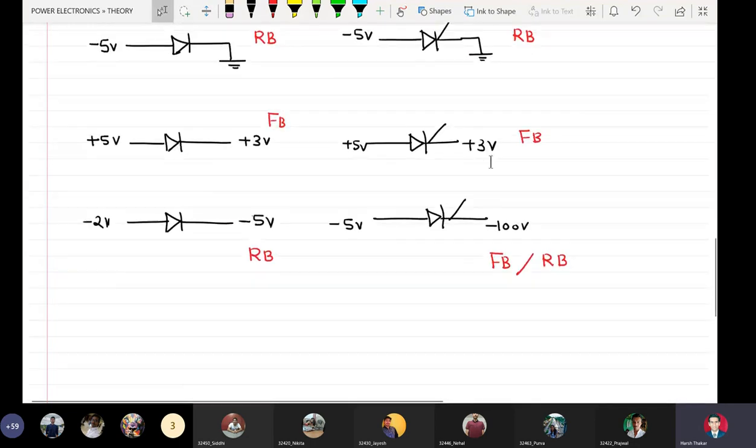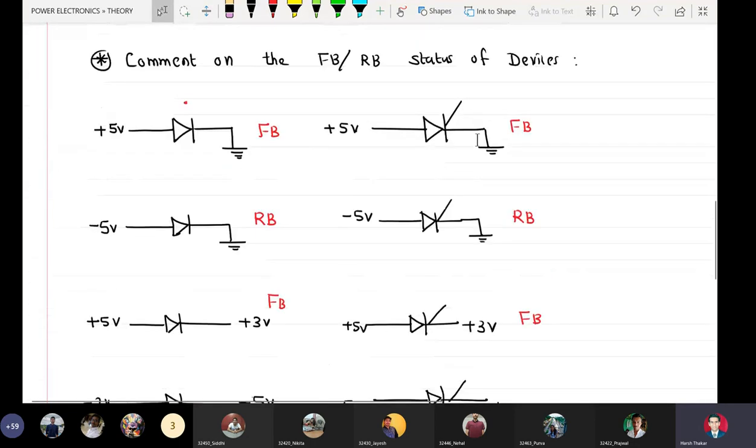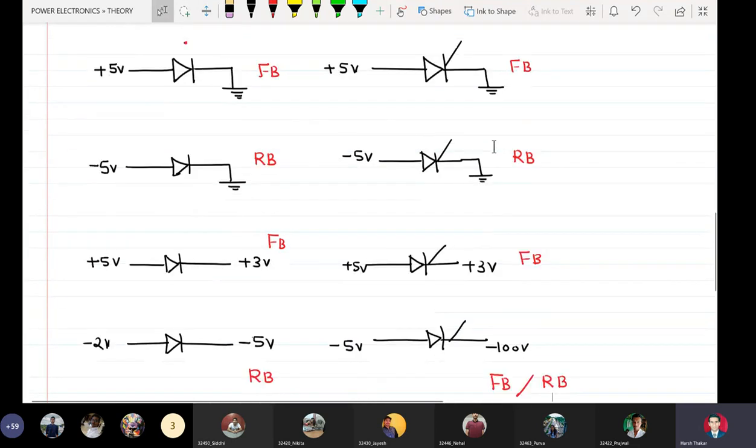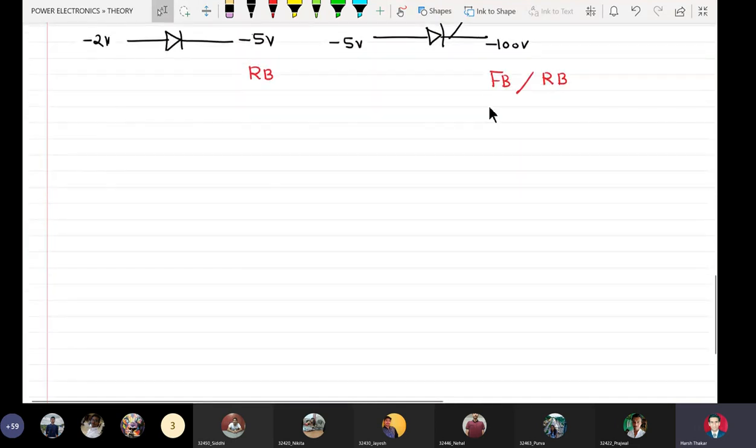So we reframe our definitions: if the potential difference between the anode and cathode terminals in both diode and SCR is greater than the internal energy of the device, that is the cut-in voltage, then it is said to be forward biased. The understanding that if the anode is connected to positive it is FB, and if the anode is connected to negative it is RB, is wrong. So let us first write down the incorrect definitions.